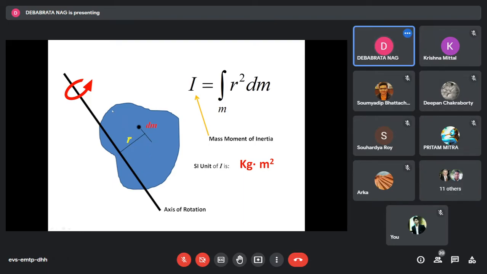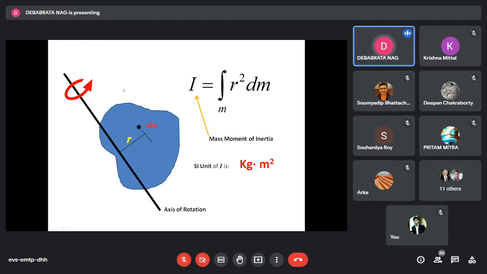Suppose the entire mass of this rigid body is concentrated at a particular point, and that mass is obviously the integration over the entire mass dm, say capital M. Then we choose a particle, just a point, where the entire mass of this body is focused.